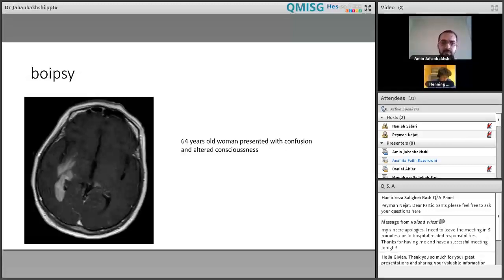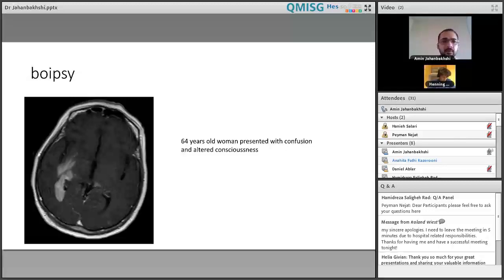We decided to perform a biopsy for her, and unfortunately the biopsy was not diagnostic, because it just showed inflammatory cells, like some inflammatory microglia and something like that.